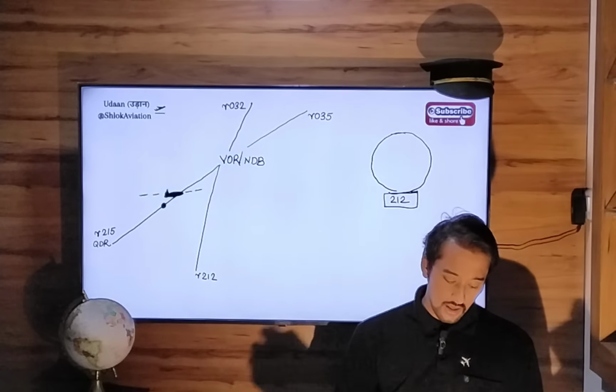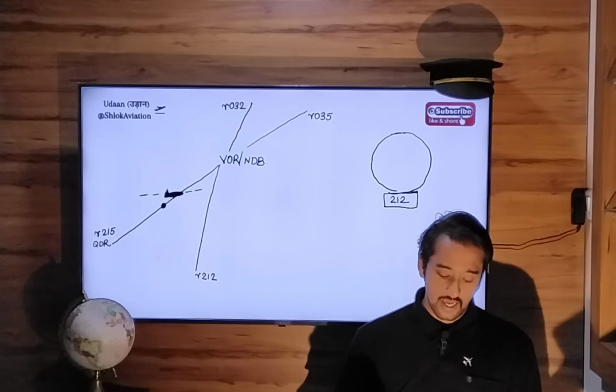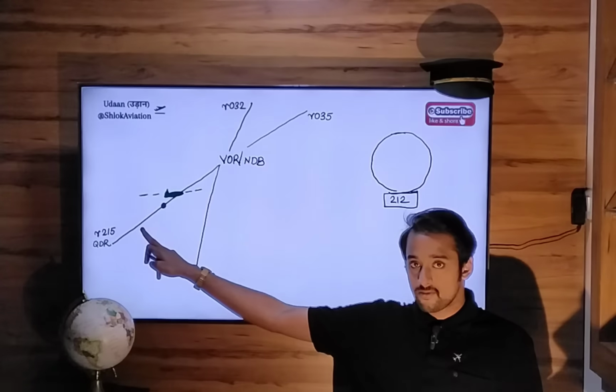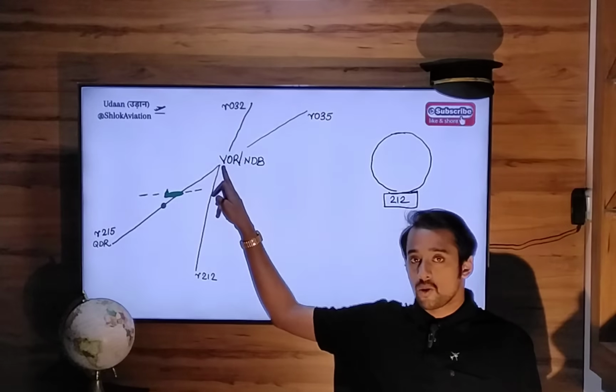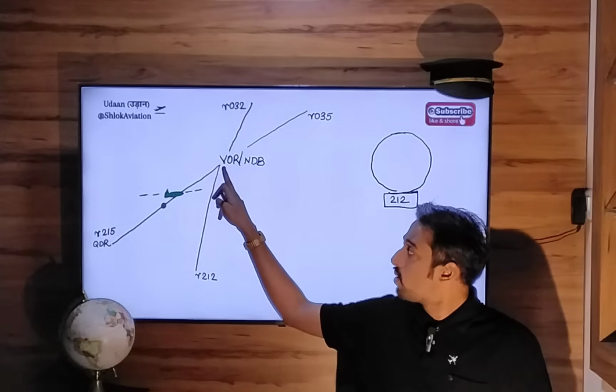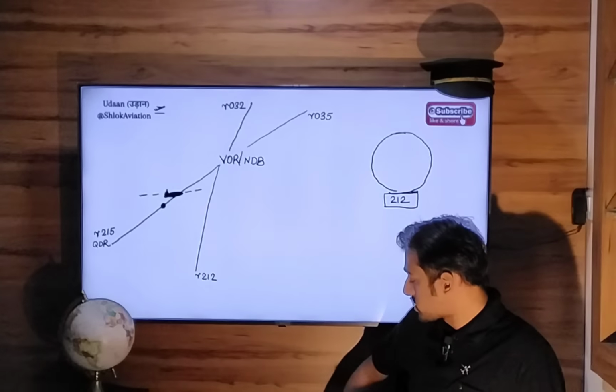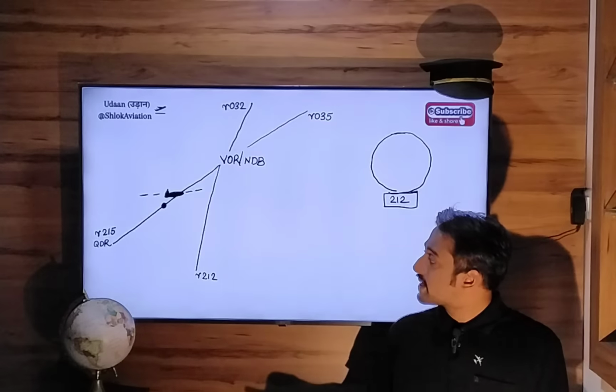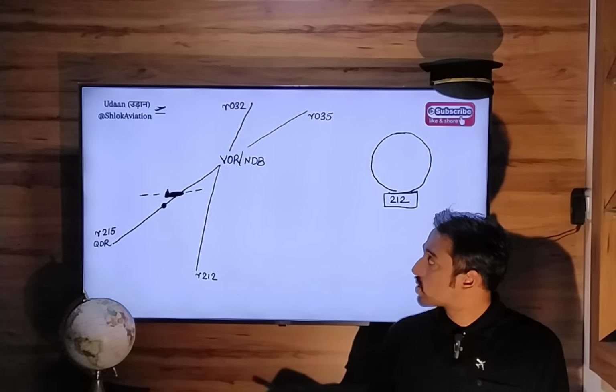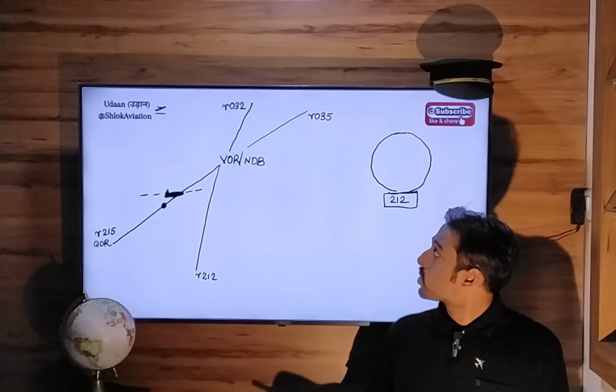Now the aircraft is traveling on radial 215. It is approaching the VOR station. The reciprocal of 215 is 035. This is the complete diagram: 215, 212, 032 and 035.